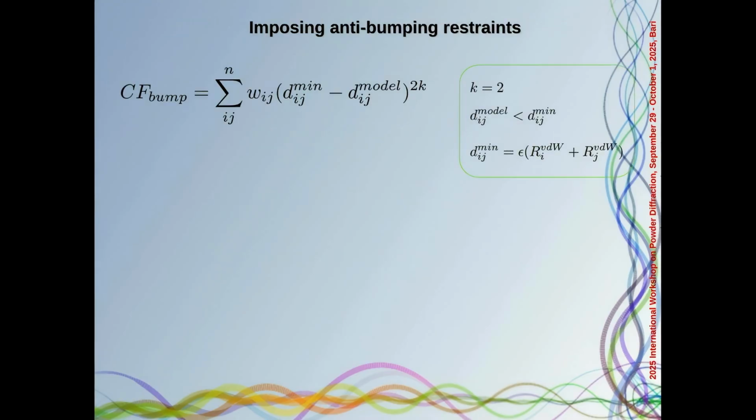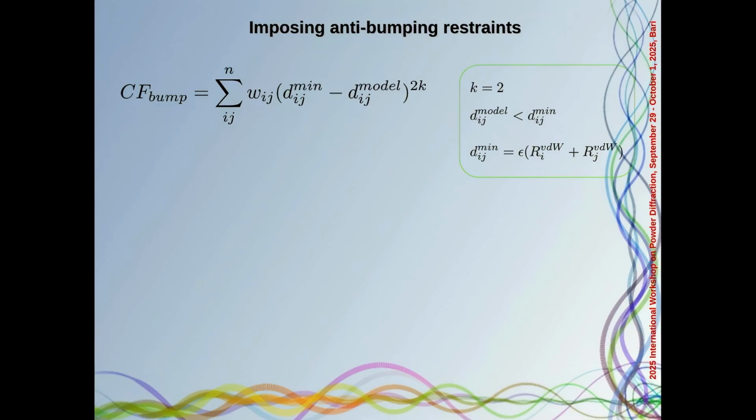For example, anti-bumping restraints, which are a mathematical contribution to the cost function. You have to use this type of restraint in particular when you see that you have a collision between atoms, or overlapping between some part of the molecule and other atoms.